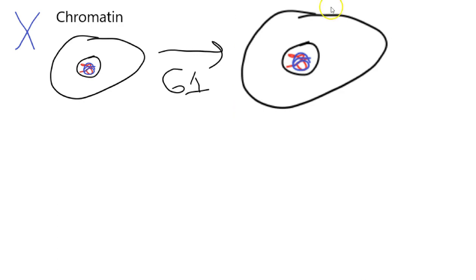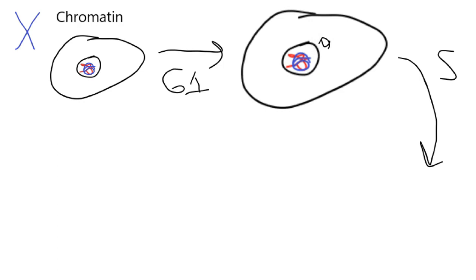The next thing that's going to happen in mitosis is S phase. So during S phase, all that's going to happen is your DNA is going to replicate itself. There may be some other cellular processes happening as well, but I'm actually going to draw these little structures in here.